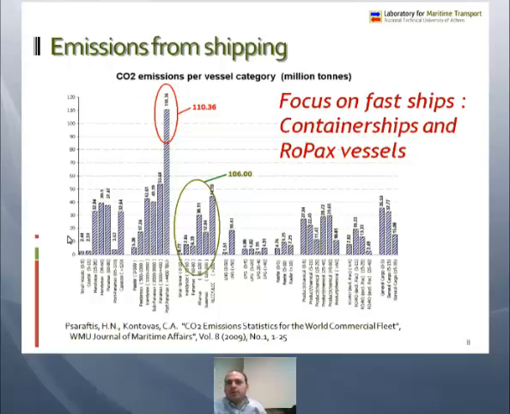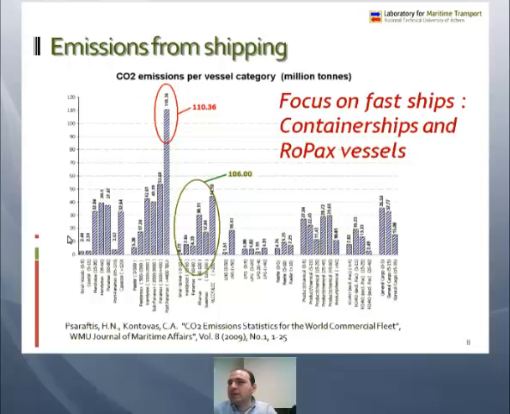Why does this top tier container category emit that same amount? Because of the high design speed. Container vessels may operate at a speed of 21, 24 knots. Tankers can be 13, 14, that much slower. The same is also true for passenger vessels, for RoPax.